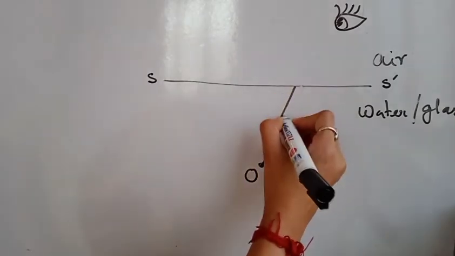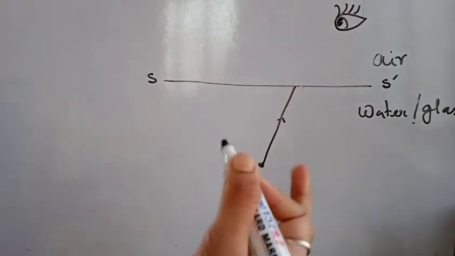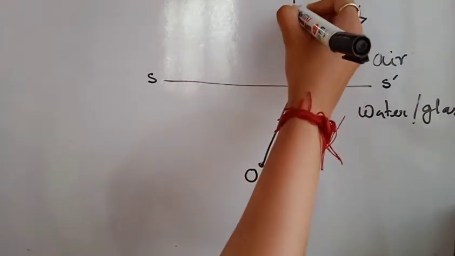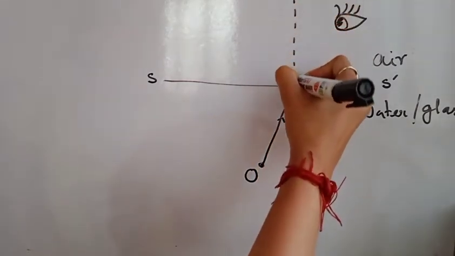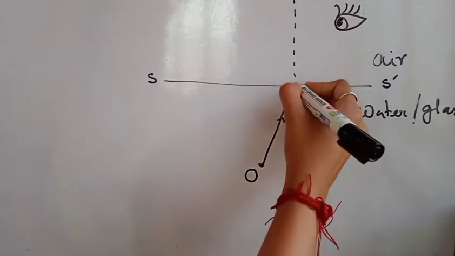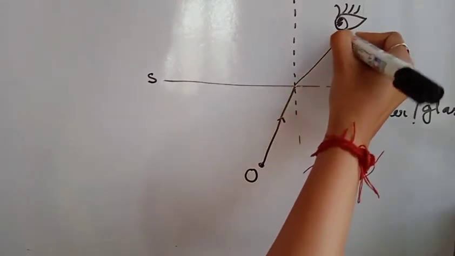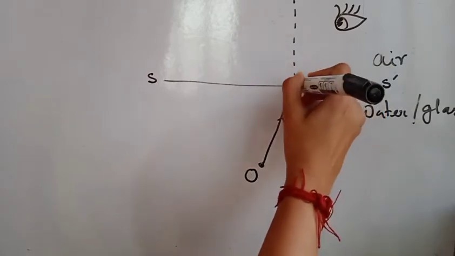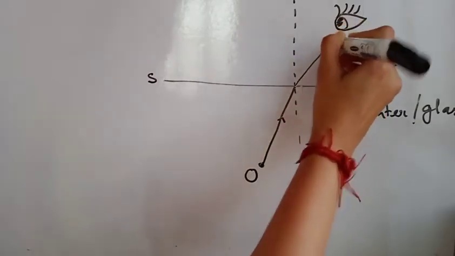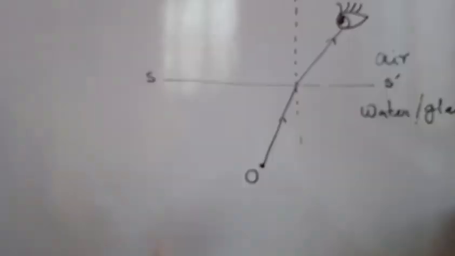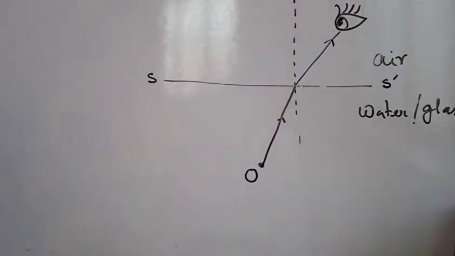As we know, water is a denser medium, right? And if this is the normal drawn to the surface, when a ray of light goes from a denser medium to a rarer medium, it will go away from the normal. So here we can see that light is going away from the normal drawn.